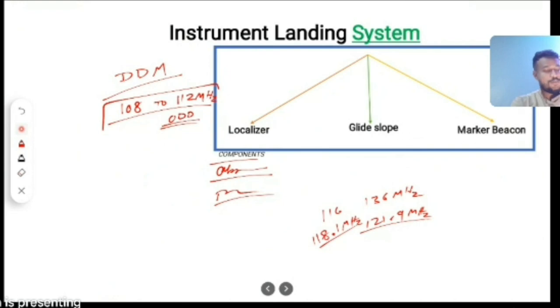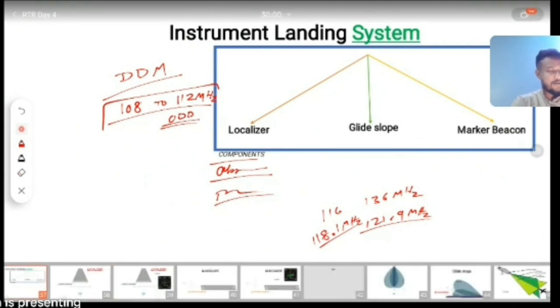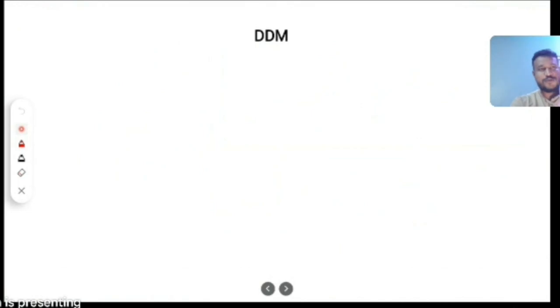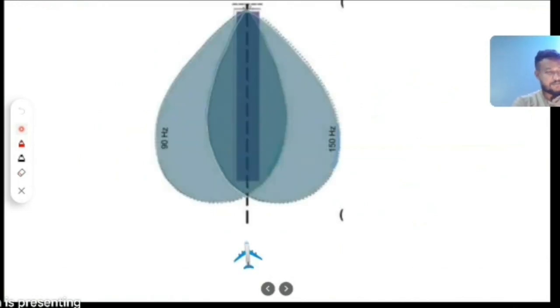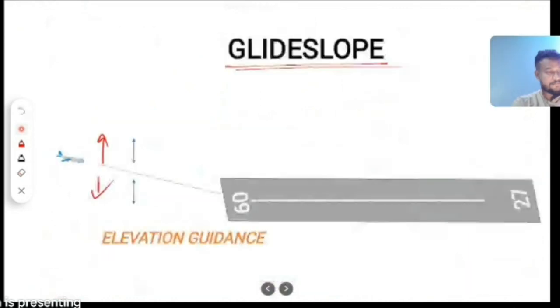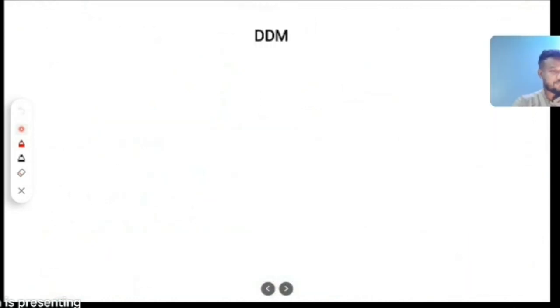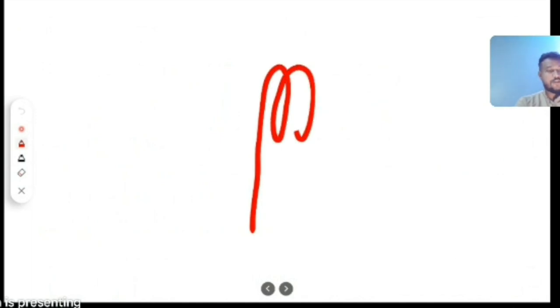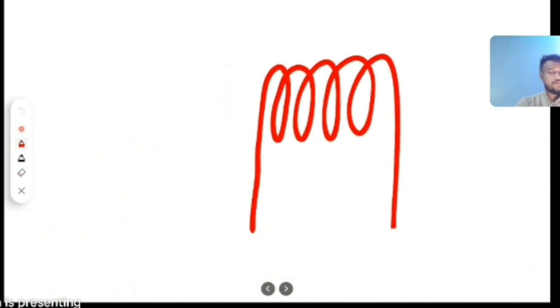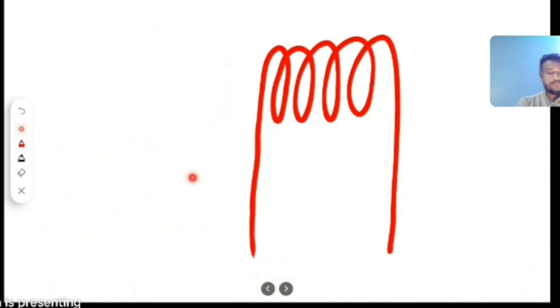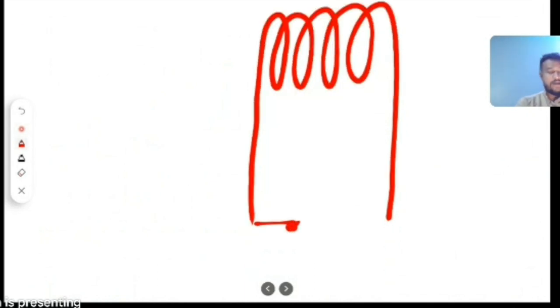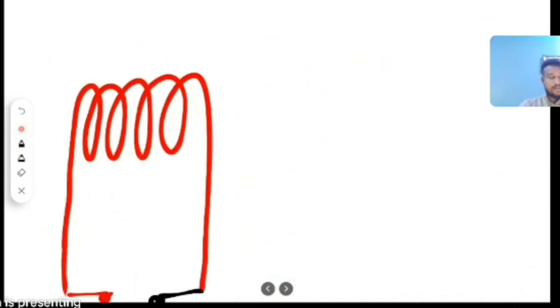Before proceeding to the principle of ILS, I want to ask you something. Suppose there is a coil I am placing here. If I am providing AC power here, and one more coil I will place here.